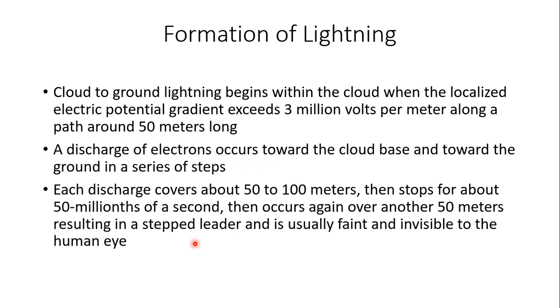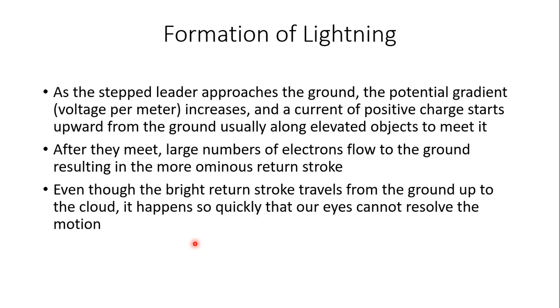Each discharge covers about 50 meters, then stops for about 50 millionths of a second, then occurs again over another 50 meters. This results in a phenomenon known as a stepped leader, and it's usually faint and invisible to our naked human eye. As the stepped leader approaches the ground, the potential gradient voltage per meter increases, and a current of positive charge starts upward from the ground, usually along elevated objects, to meet it.